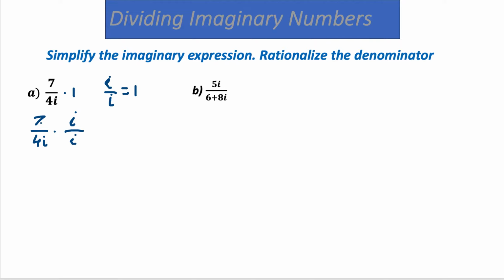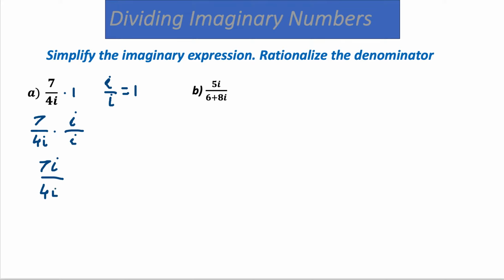And now if I'm multiplying this expression in the form of a fraction, it is going to be 7i divided by 4i squared, because 4i times i is 4i squared.